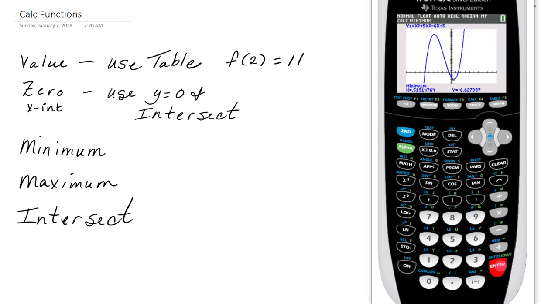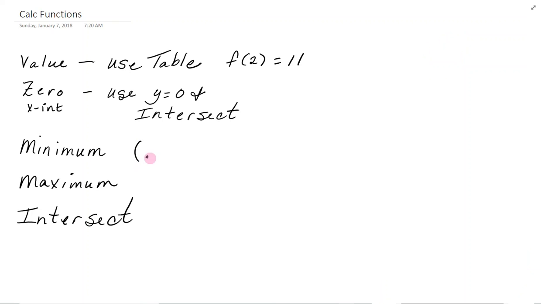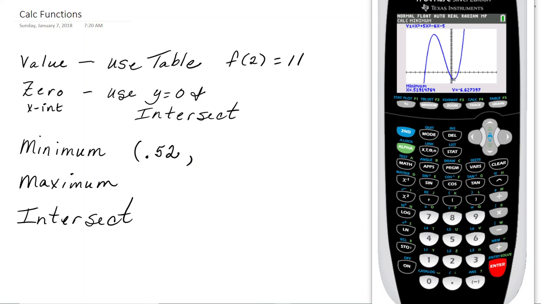If it's like this one, you'll probably be told to round to a particular place value. So let's suppose that they said round to 2 places or to the hundredths. Then I would have 0.52, 6.63.